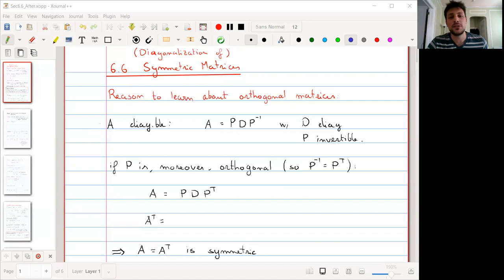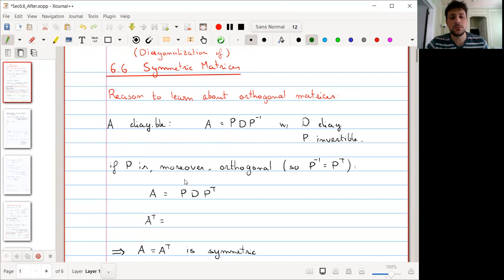So I remind you that a matrix being diagonalizable means that the matrix is similar to a diagonal matrix. So this D is diagonal and this P is an invertible matrix. Similarity just means that A can be written as PDP inverse.